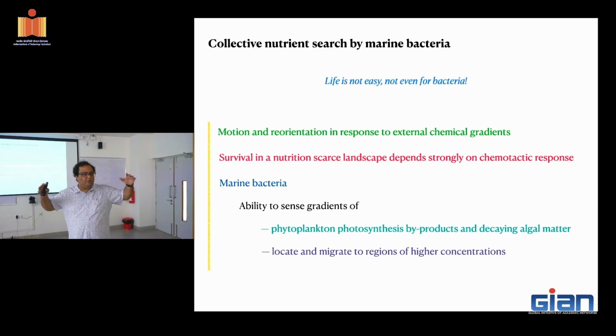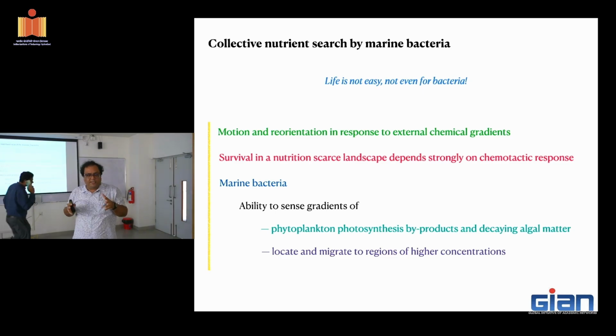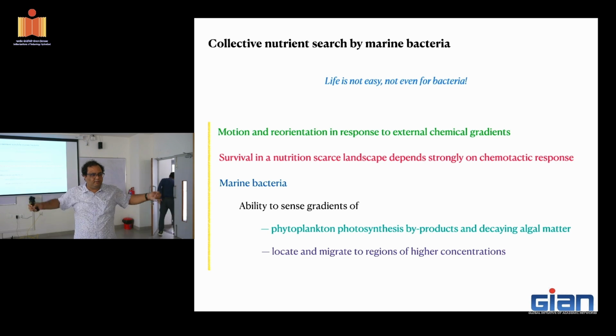Okay, it's not that, if you look at it from our scale, oceans are full of nutrition, depending on how you define it. But for bacteria, it's scarce, spatially scarce. It's not like the entire water is full of things at every point.